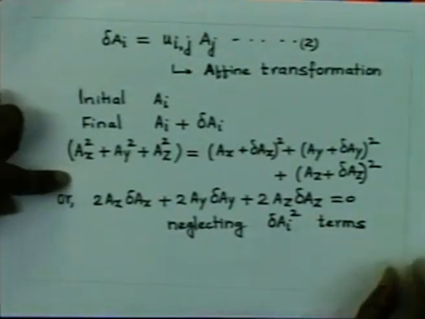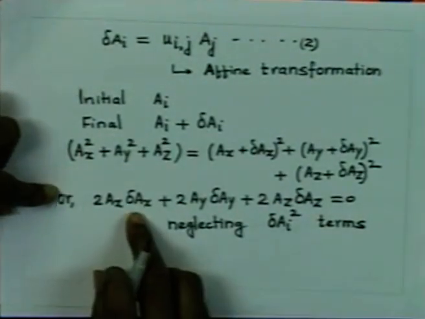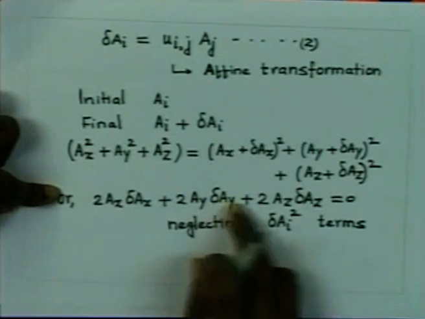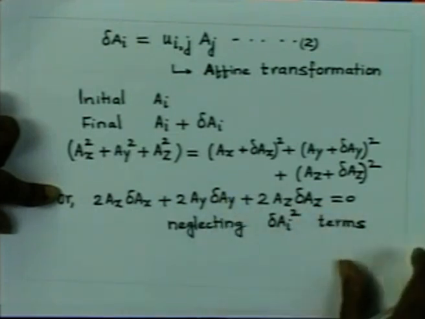Now, we have the expression for delta ax, delta ay and delta az.